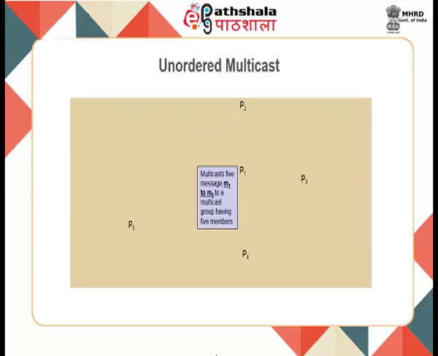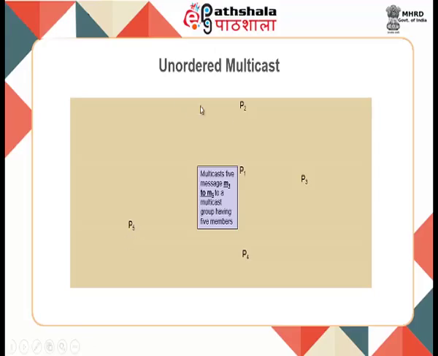So, now let us look at what we mean by a specific ordering. Let us first look at the unordered multicast. Here in this example, we have 5 processes, P1 to P5, and P1 is a process which is sending 5 messages, M1 to M5, to the other 4. They all 5 form a group.